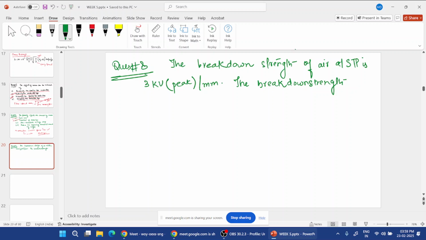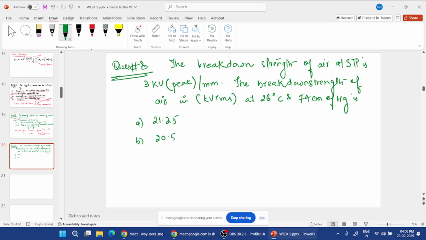The breakdown strength of air in kV RMS at 26 degrees Celsius and 74 centimeter of Hg is: first option है 21.25, B 20.58, C 23.71 and D 19.64.